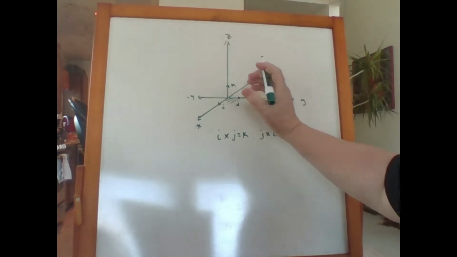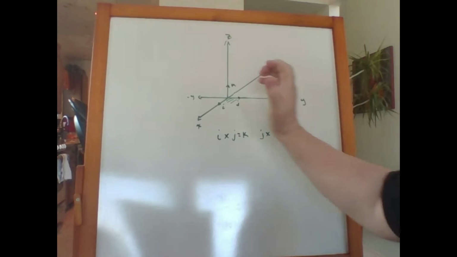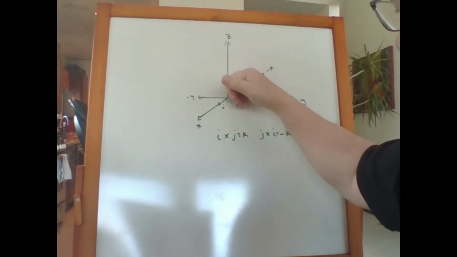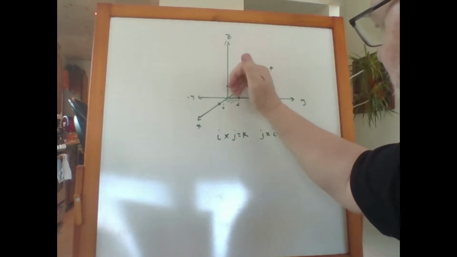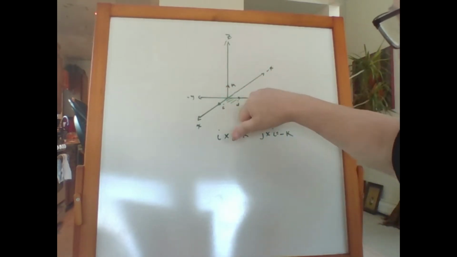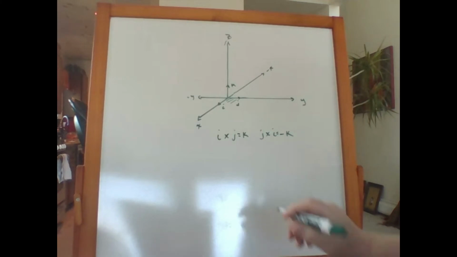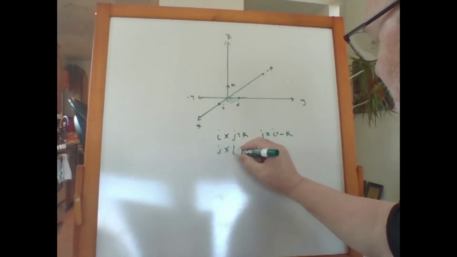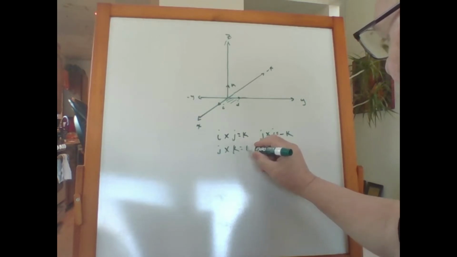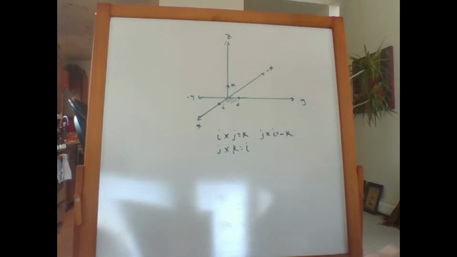If we have J cross K, you can see that as I curl my palm from J into K, my thumb goes in the I direction. So J cross K is equal to I. It's called the right hand rule.